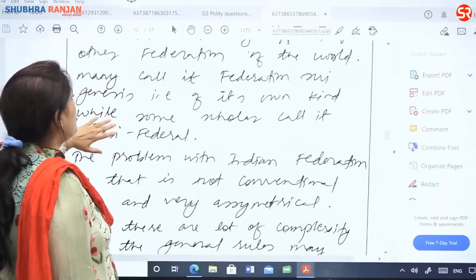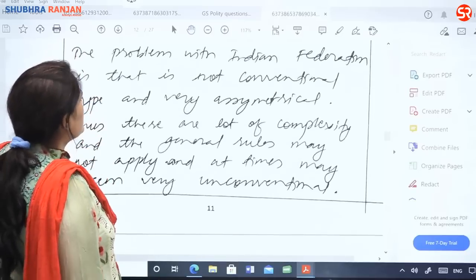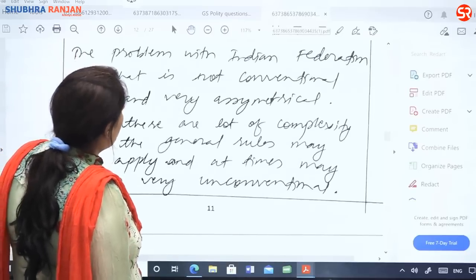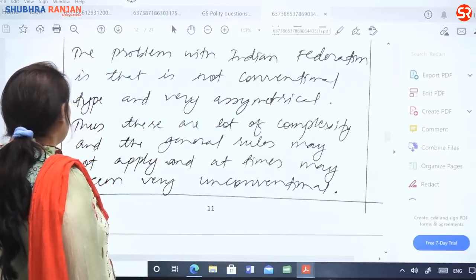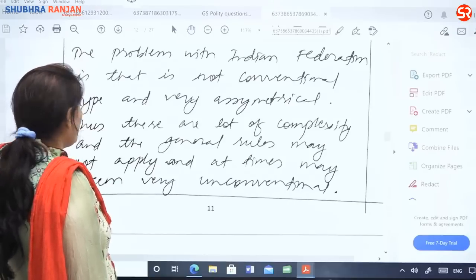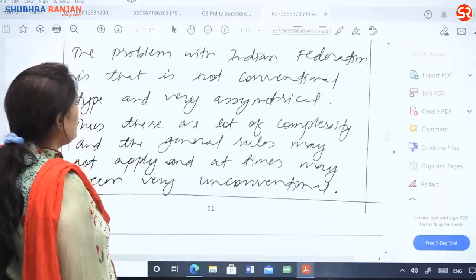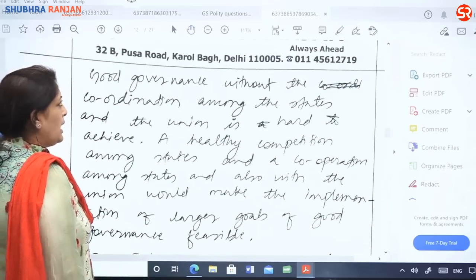There is no flow, no organization, no systematic thinking. "The problem with Indian federalism is that it is not..." I don't know what is written, "...conventional type and very asymmetrical. Thus there is a lot of complexity and the governmental rule may not apply and at times may seem all vague." A very, very absurd answer.